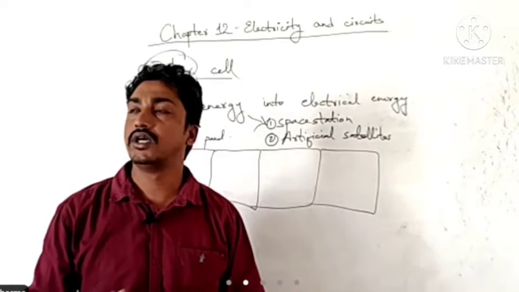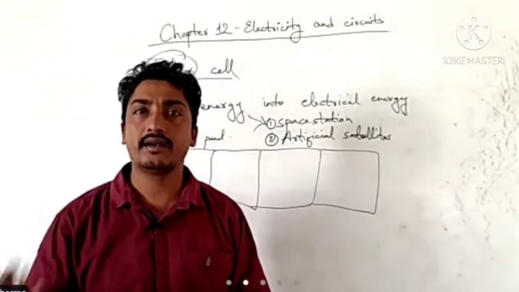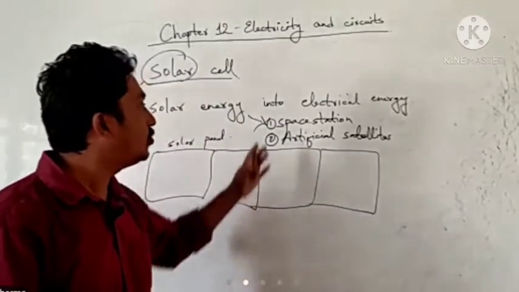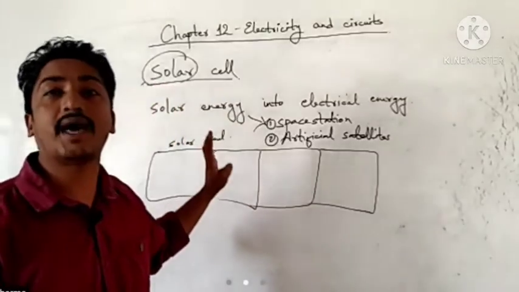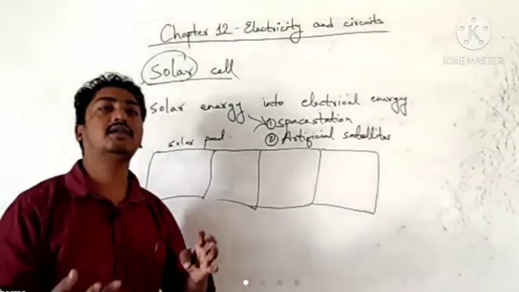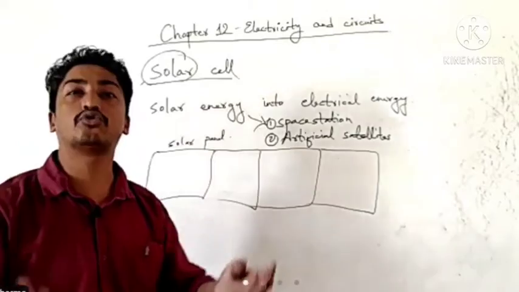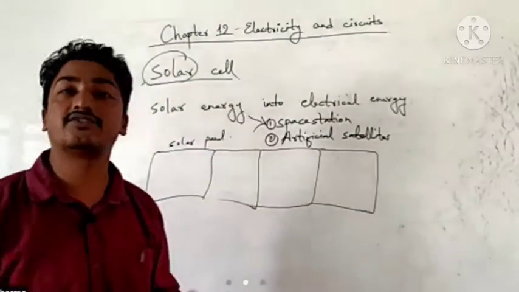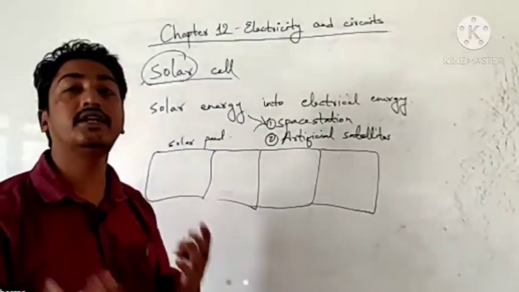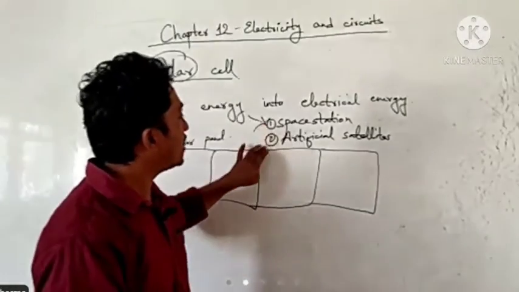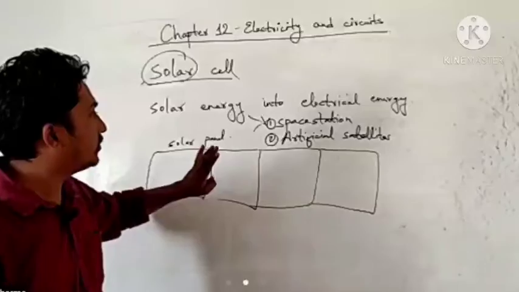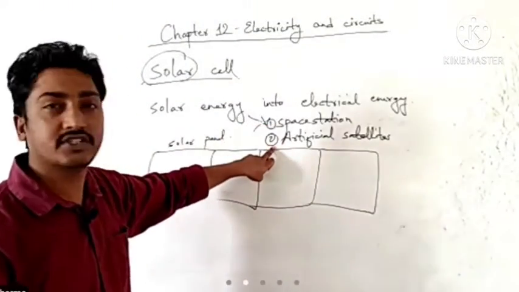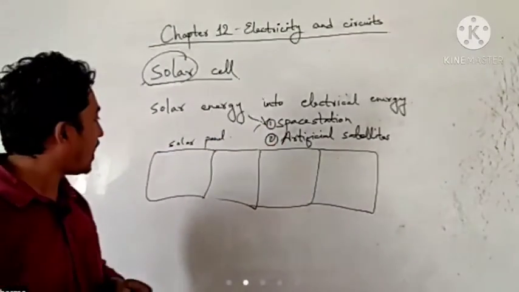The engine will not work and they may die in space. So they use the solar panel so that they can use a natural source to generate electricity. So these are the major uses of solar energy or solar panels: space stations and artificial satellites.